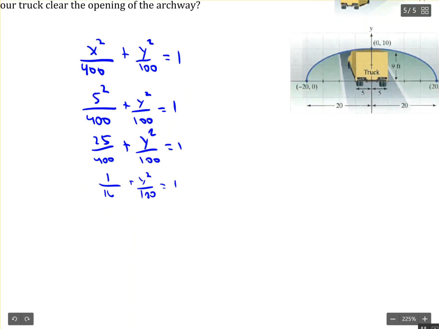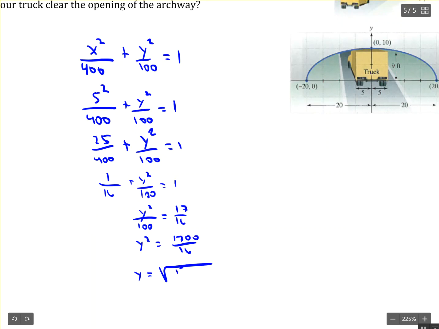All right, so let's add 1/16 to both sides. Y squared over 100 equals 17 over 16. Multiply both sides by 100. And square root. So y equals square root 1700 over 16.